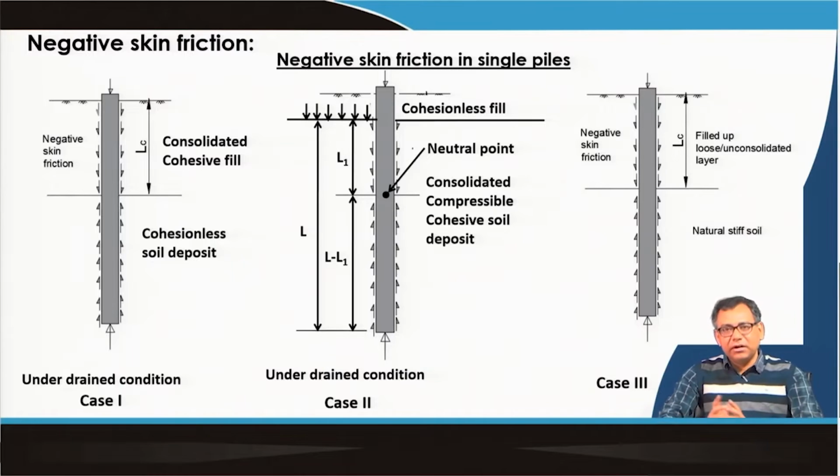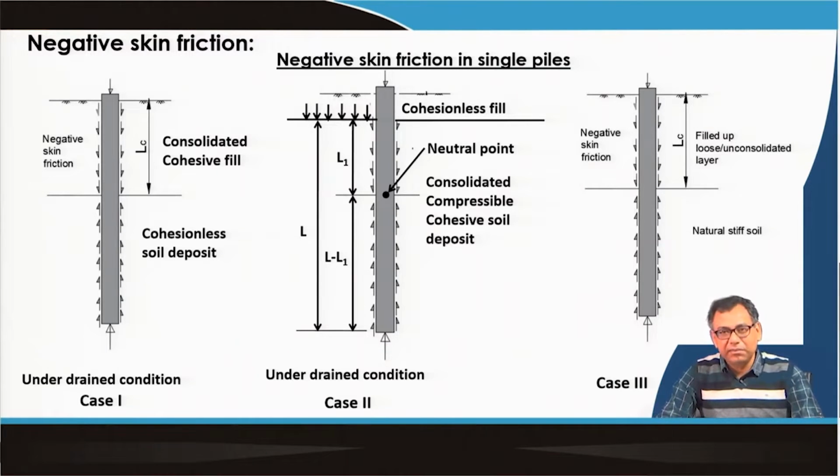In a normal case, the soil deformation is less compared to the pile deformation, so relative to the soil the pile is moving in the downward direction, and frictional resistance is acting in the upward direction.